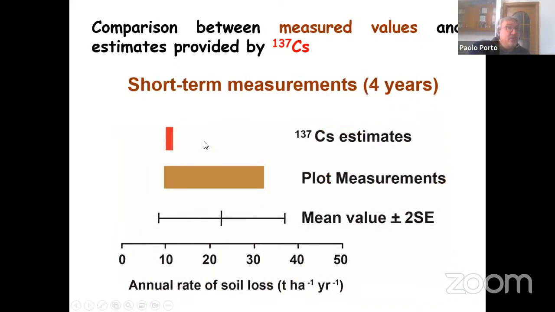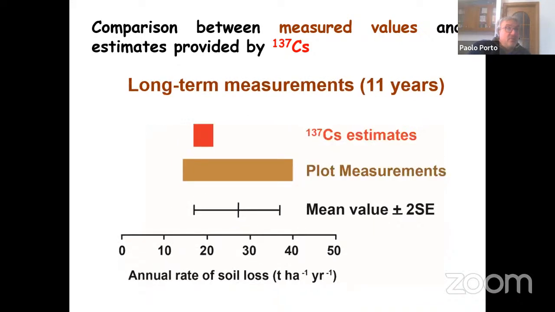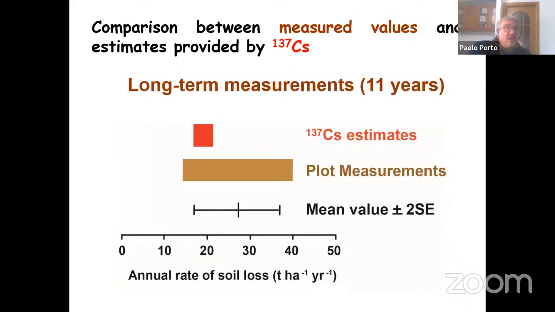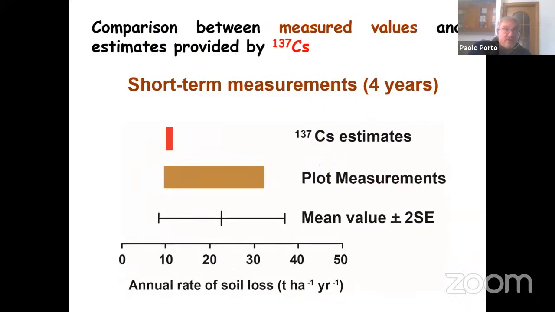You can see here the previous one. Can you remember that? You can see the difference with the 11 years of measurements and 4 years of measurements. So this proves that if we increase the number of years of measurements, cesium-137 estimates are better than before.